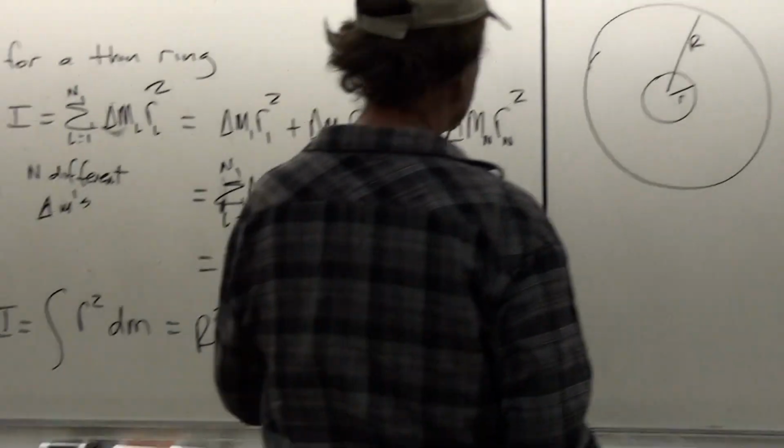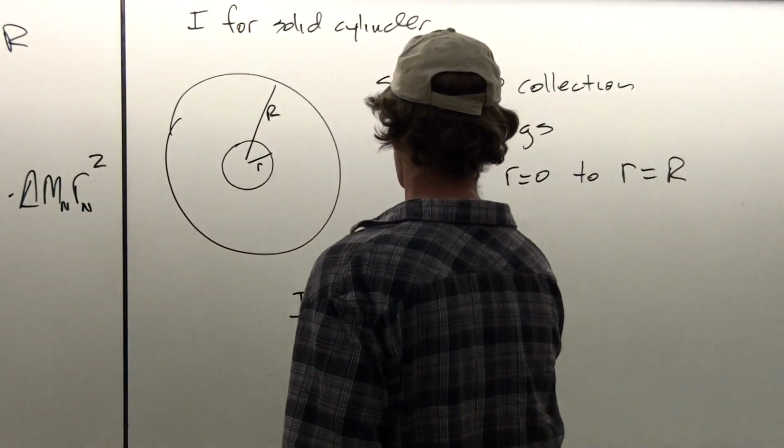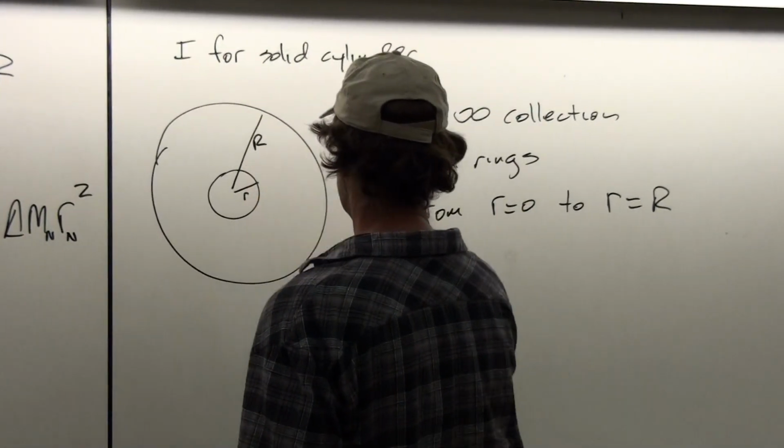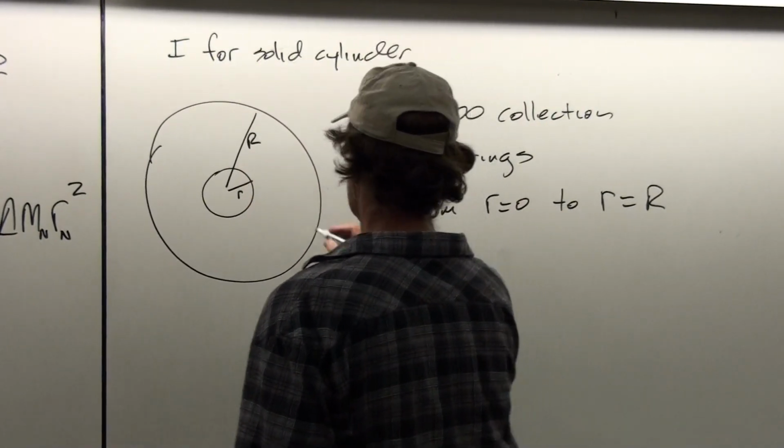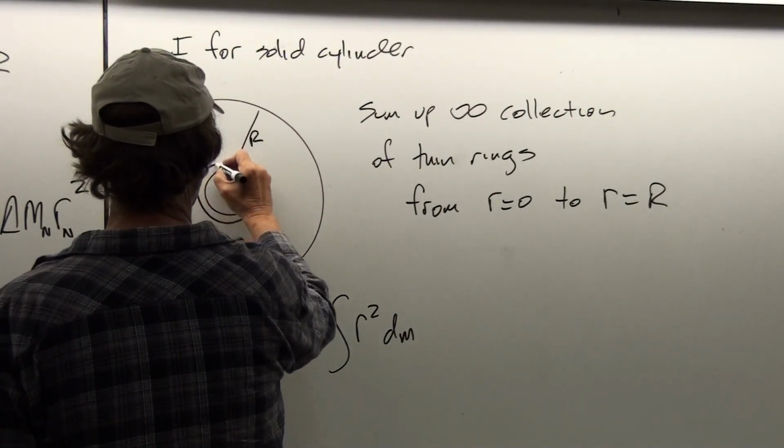We could take the result for each of the little thin rings, say that I is equal to the integral of r squared times dm. And what's dm? Well, dm now, we're going to have to be careful with this.